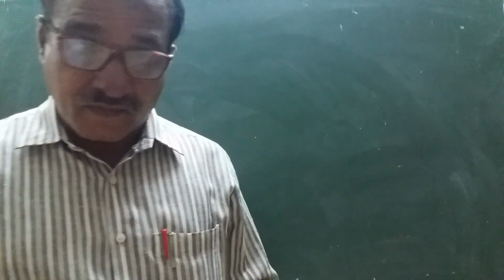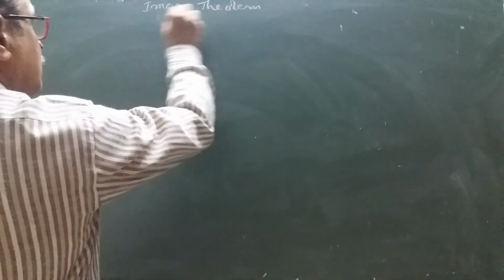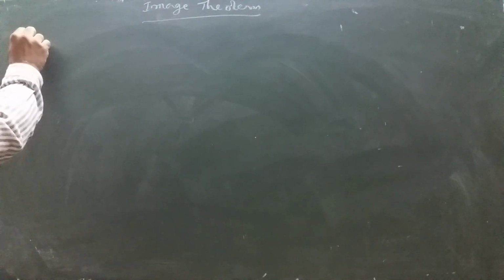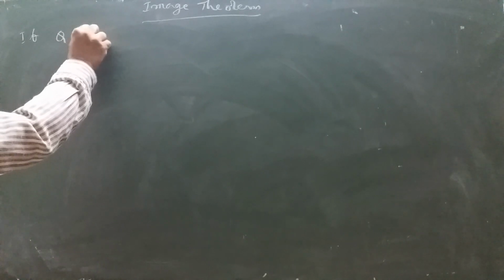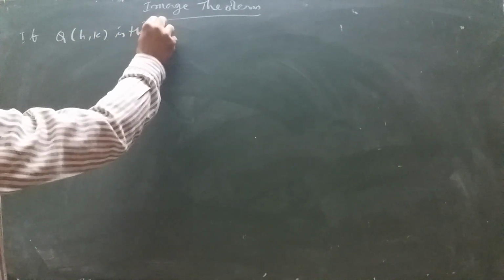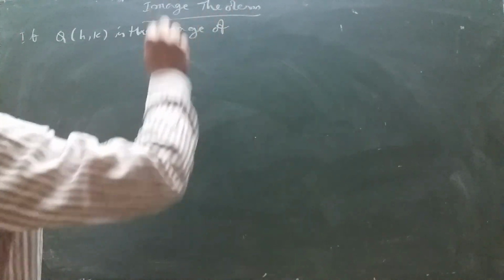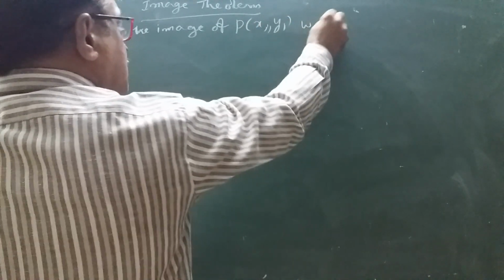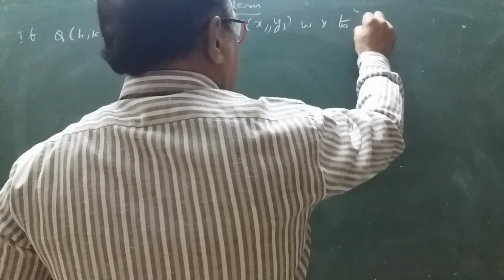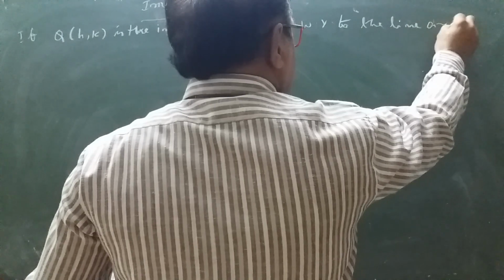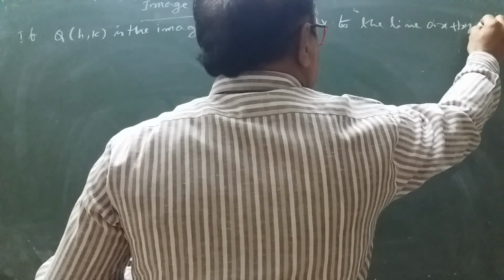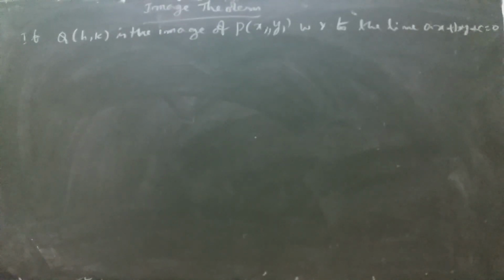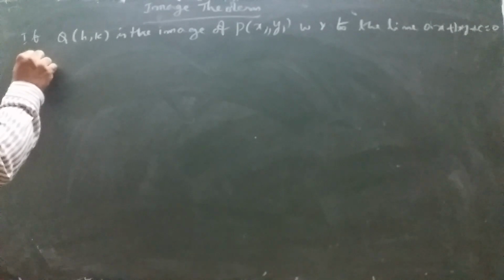What is the image theorem? If Q(h, k) is the image of P(x1, y1) with respect to the straight line ax + by + c = 0, then a relation exists.